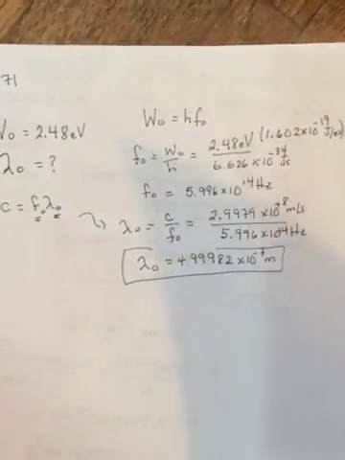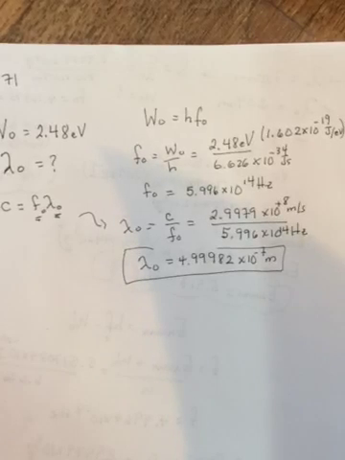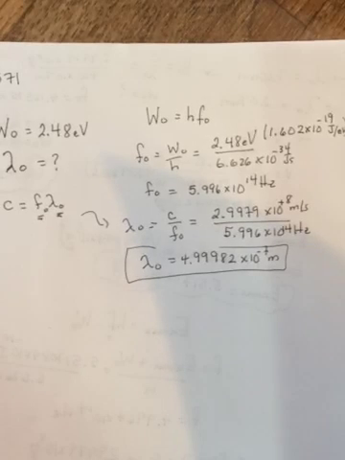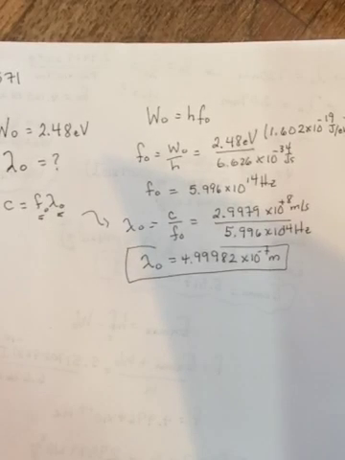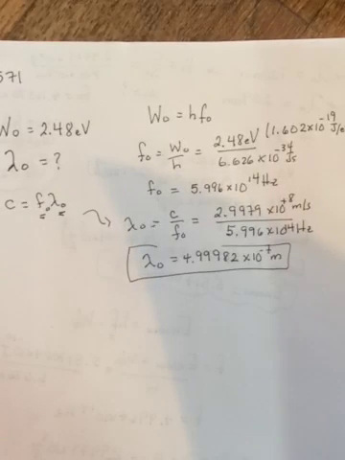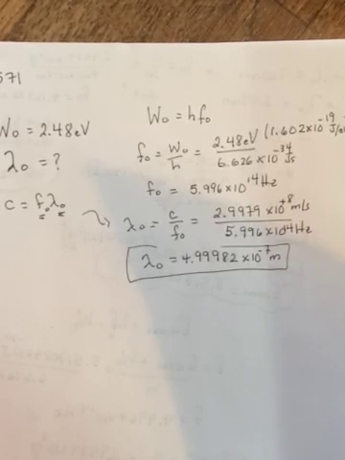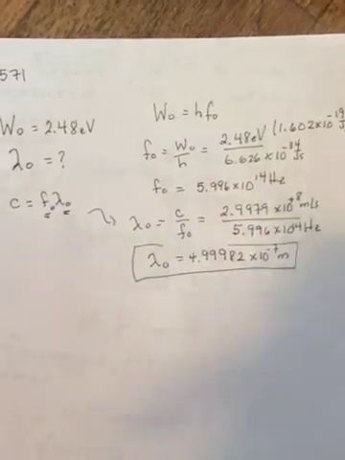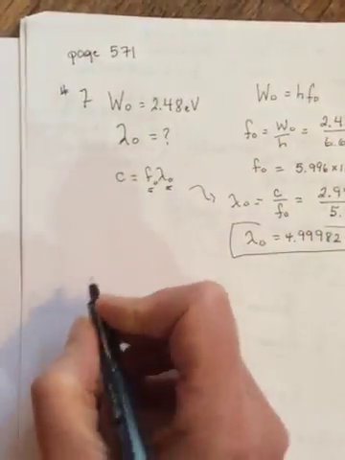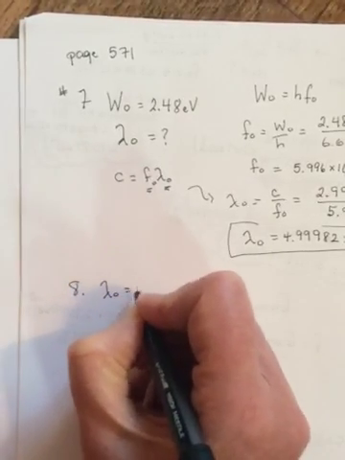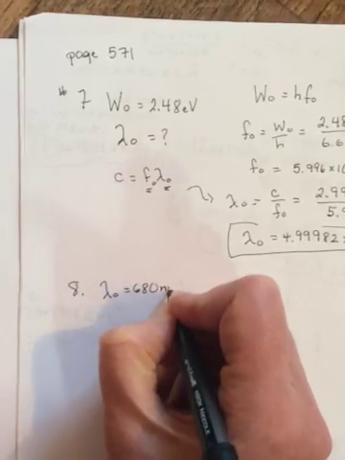Number 8 says, a photocell is used by a photographer to measure the light falling on the subject to be photographed. What should be the work function of the cathode if the photocell is to be sensitive to red light? So if it's sensitive to red light, it means that red light of wavelength 680 nanometers must be the lambda 0.